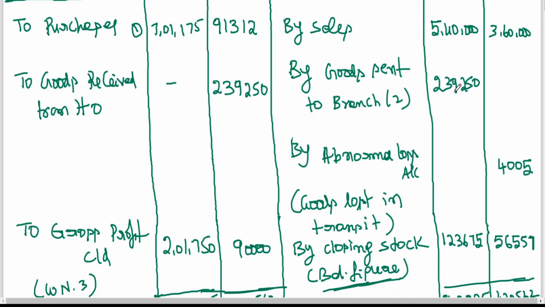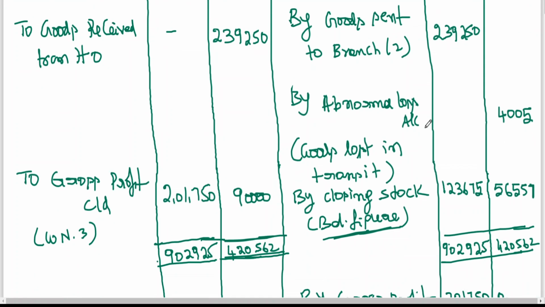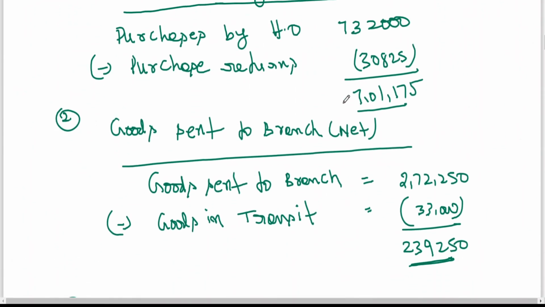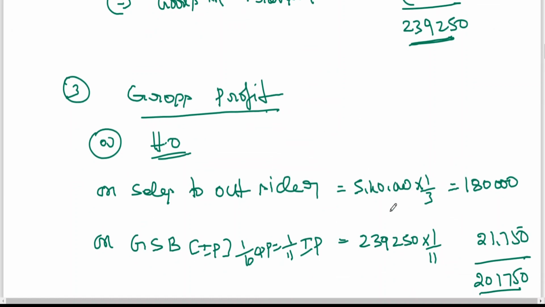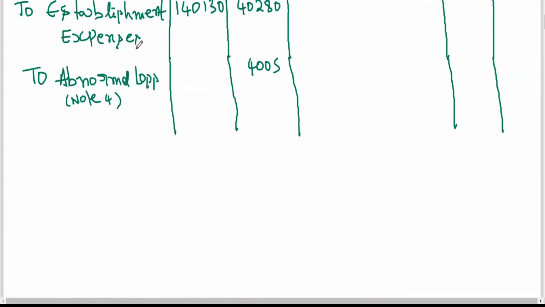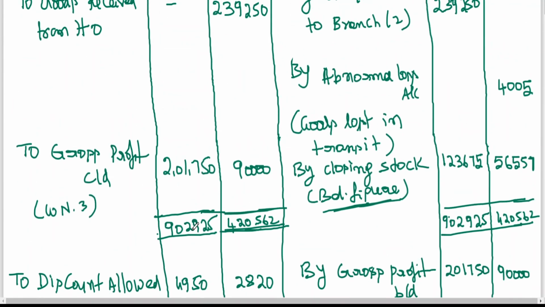Here, at the time of sending the goods by head office to branch, head office feels that the entire amount has been sold, but out of 2,39,250 they also got the profit. So they got the profit on 5,40,000 plus 2,39,250. That means the 2,01,750 profit that has been shown is including the unsold stock.